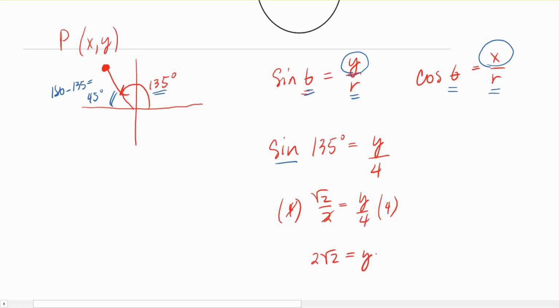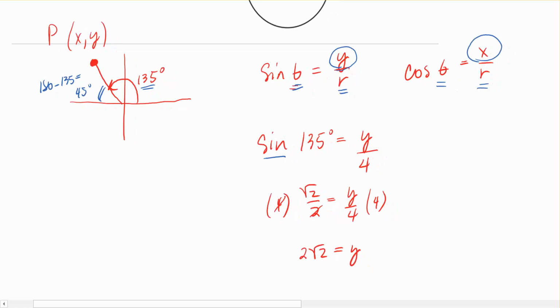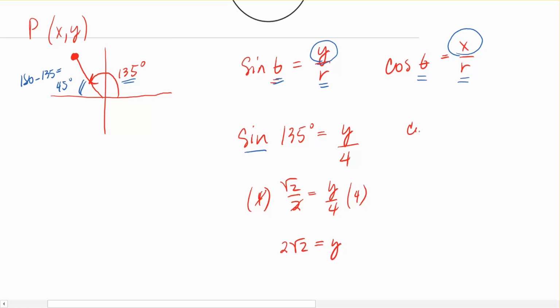So let's see if we can do the same concept over here for cosine. The cosine of 135 degrees is equal to x divided by 4. Now cosine of 135, remember 45 is the reference angle that we are using over here in the first quadrant. And the cosine of 45 is positive square root of 2 over 2.